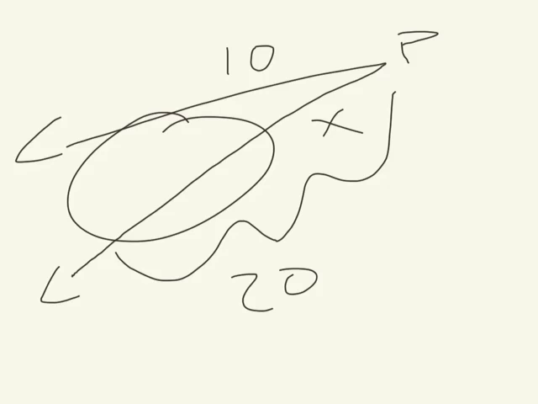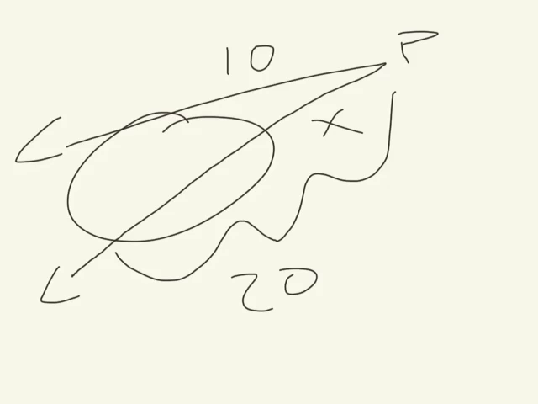This is the rule. When you have two secants or a tangent and a secant, it doesn't matter. The outside segment times the entire segment is equal to the outside segment of the other one times the entire segment of the other one. And in the case of a tangent, the outside segment is the entire segment, so you just square the tangent.